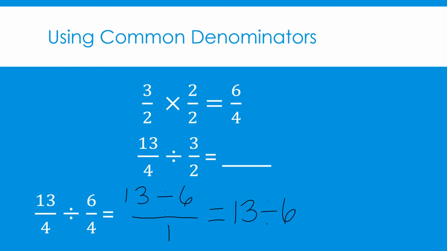I can rewrite the problem 13 divided by 6 as 13/6. Now I need to rename the fraction greater than 1 as a mixed number. 13/6 is equal to 2 and 1/6. So 13/4 divided by 3/2 is equal to 2 and 1/6.